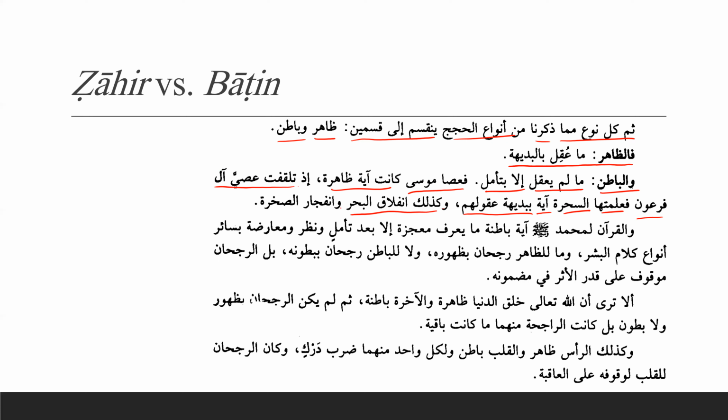Similarly, splitting the sea, which he did, Moses alayhi salam, and similarly bringing forth water from a rock, which he also did alayhi salatu wasalam. The Quran, he says, to the Prophet Muhammad sallallahu alaihi wasallam, is a subtle sign, meaning it is not known as a miracle except after reflection and consideration and comparing it with all the other types of human speech.